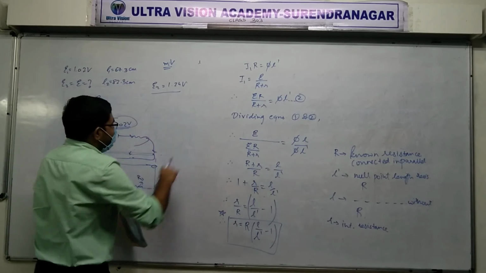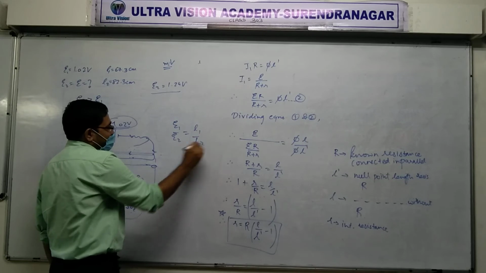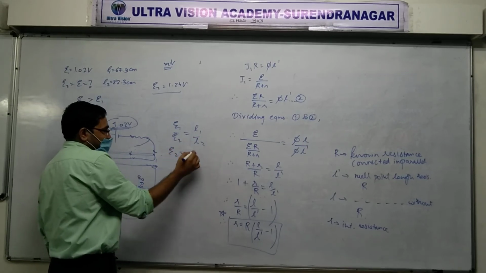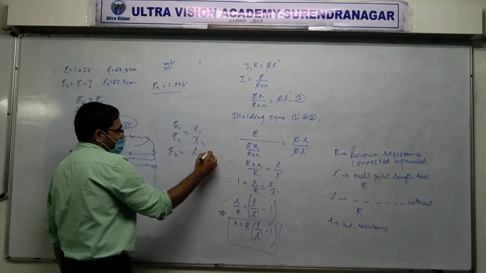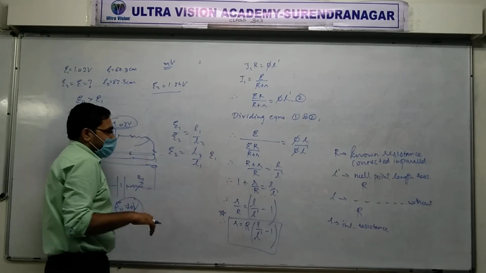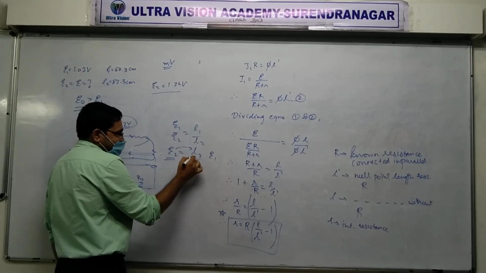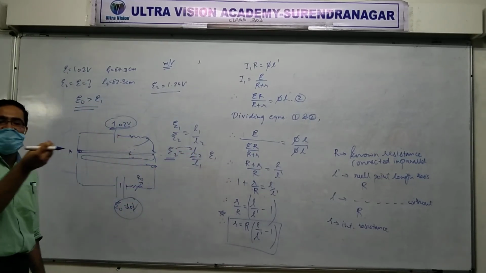Let's see what would happen to make very small measurements using this method. Suppose I want to measure epsilon 2, then epsilon 2 is going to be L2 upon L1 into epsilon 1. To make a very small measurement, do you realize that the length that I am measuring is also very small?